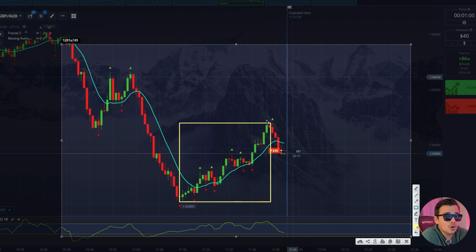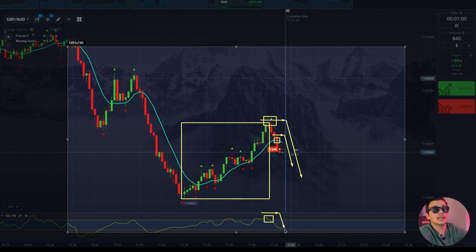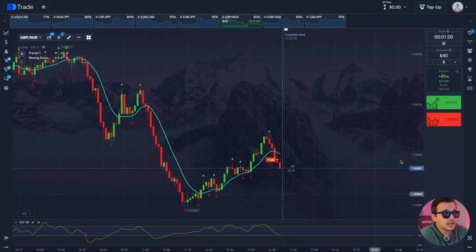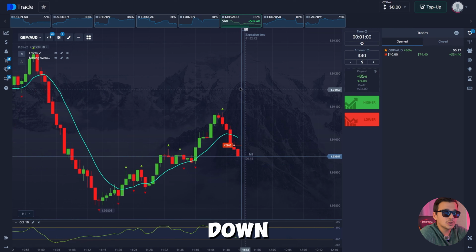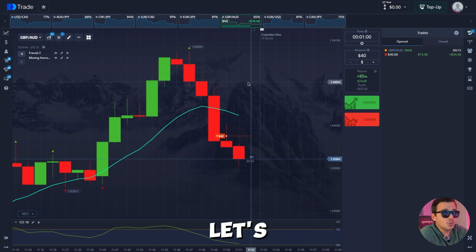Then the formation of a new local maximum, saying that the dynamics of the movement should go down, and the crossing of our moving average from top to bottom. Also, the SSI oscillator has crossed the overbought area and is also heading downwards. That's why we open a down trade here. And let's watch its result.